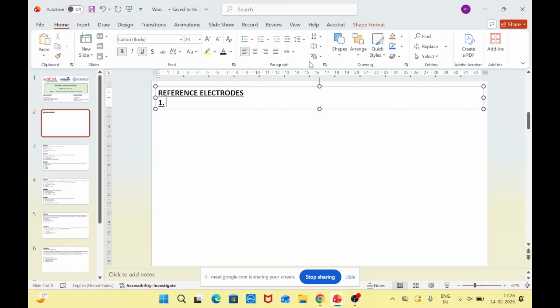The first one is your SHE, which is the standard hydrogen electrode, also called NHE, which is the normal hydrogen electrode.